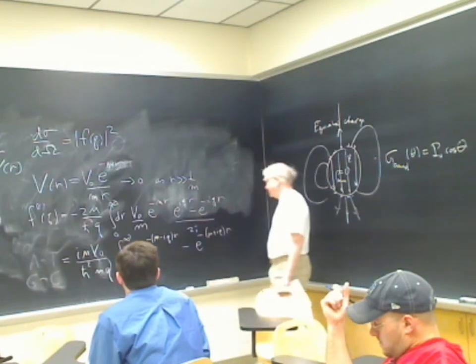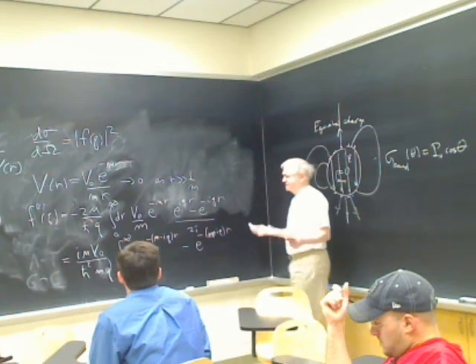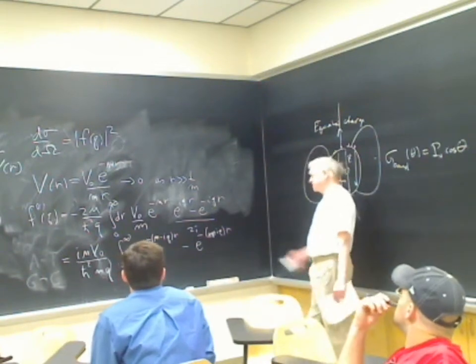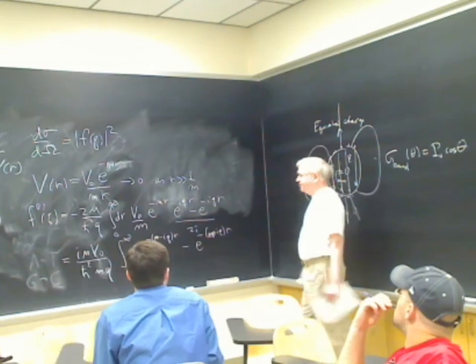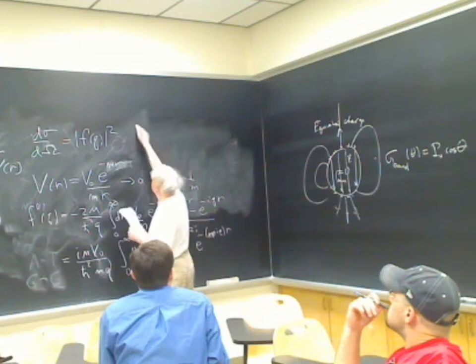In both cases, whoops, this is an m. It's a shame. My notes had it the opposite way around. Okay, these are easy integrals to do. The integral of this is very simple.